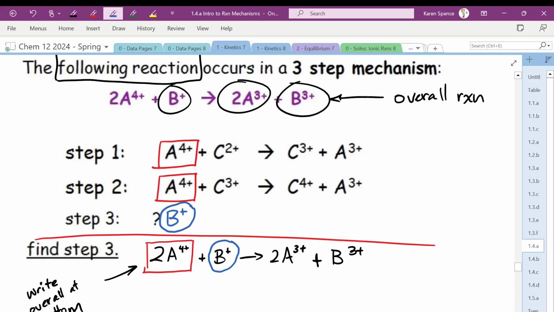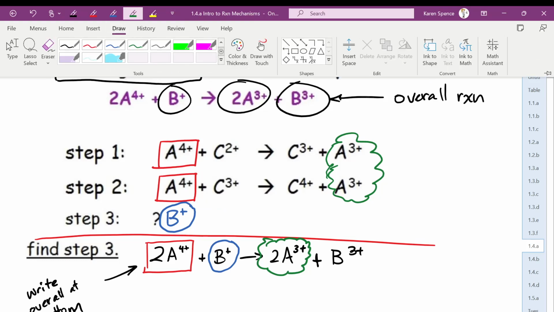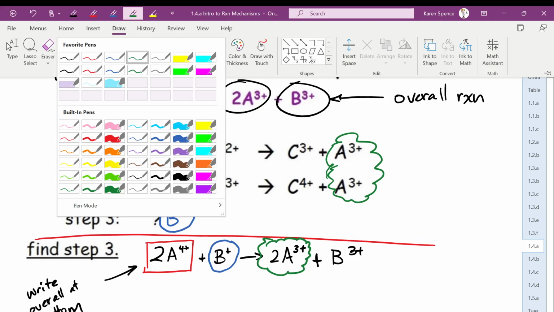So what you do is you start by taking a look at the overall reaction, and maybe I'm going to make this one like a little circly, like a little cloud, okay? Do I have 2A3 pluses in the products? Yes, I do. Oh, look at that. They're right here and here. That's terrible. I've made a big mess of it, but that's okay. And I also want to have a, what color do I want?